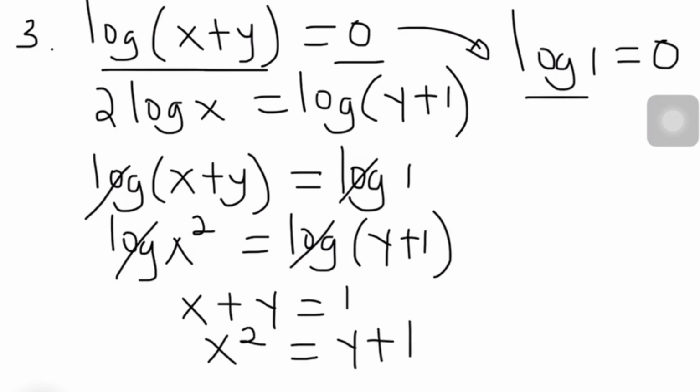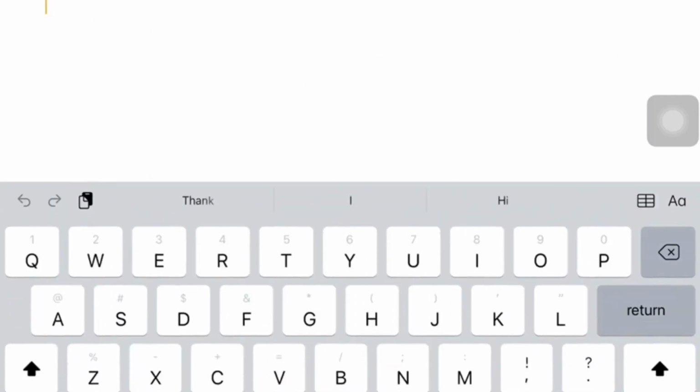So we have those two equations. Then from the two equations, we have to solve for the values of x and y. Okay? Alright, so let's have the equations here again: x plus y is equal to 1 and x squared is equal to y plus 1.